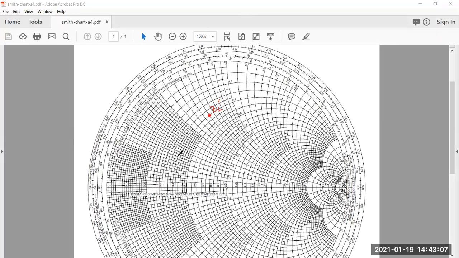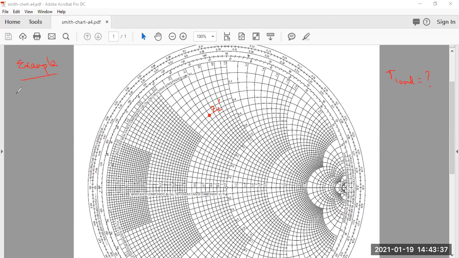Now before I find out the parameter that I want to find out, that is how much is the reflection coefficient at the load, let me identify the location of some common load values. Okay, as an example, let's do this, and then we will come to the actual example.